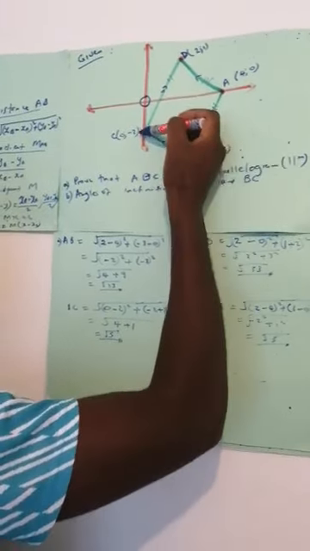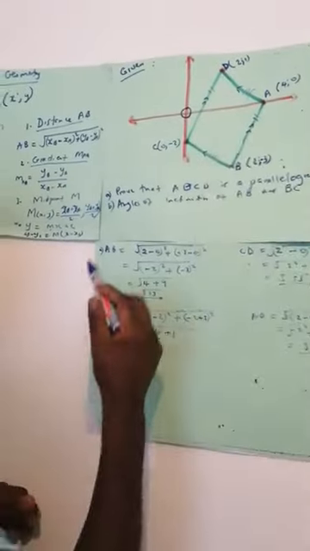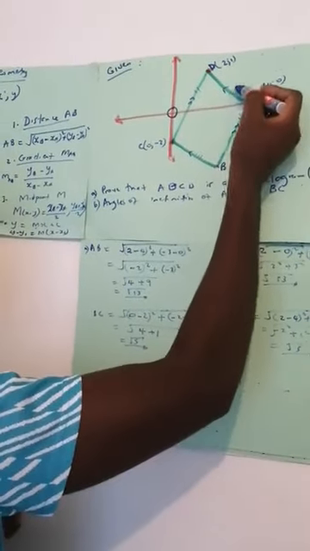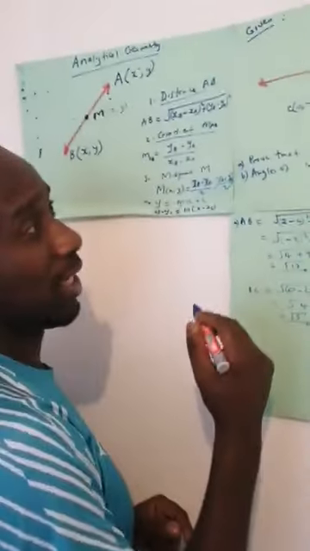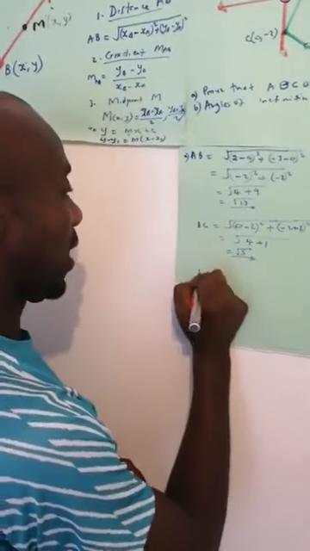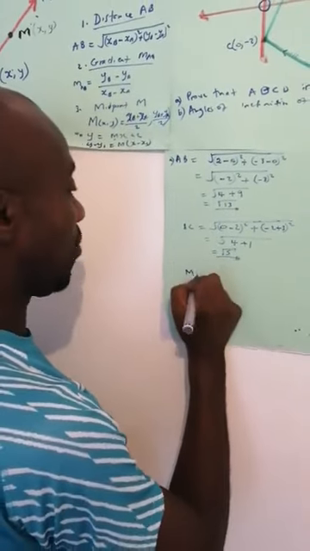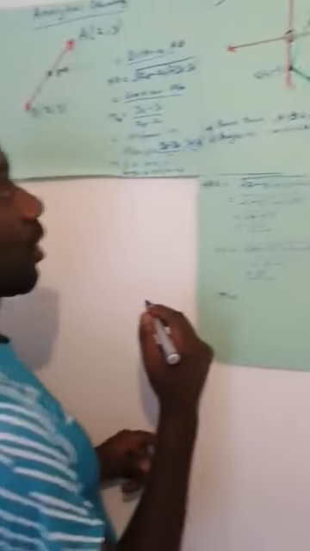And even if this one is parallel to this, the gradient is equal to this one, so it means they are parallel. Okay, let us calculate the gradient of AB. How are we going to calculate that one?